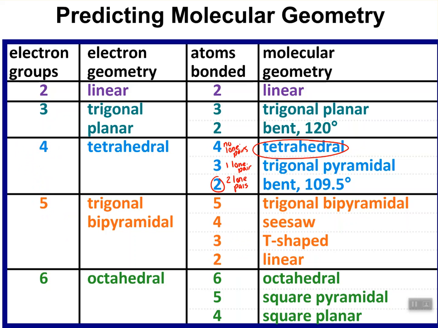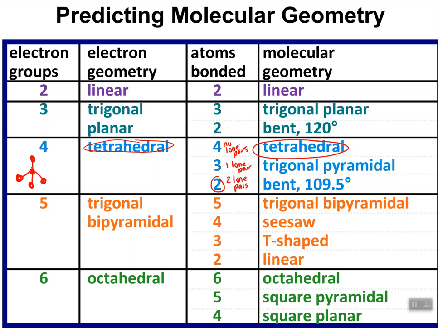So let's look at tetrahedral again. Tetrahedral is that shape where you have kind of a little triangle, a little pyramid. Right there is the central atom in the middle. So this is the base that makes a triangular base that's kind of on the ground, and this one points straight up. In this case, it has 4 electron groups, and we're counting these single bonds, 1, 2, 3, 4.